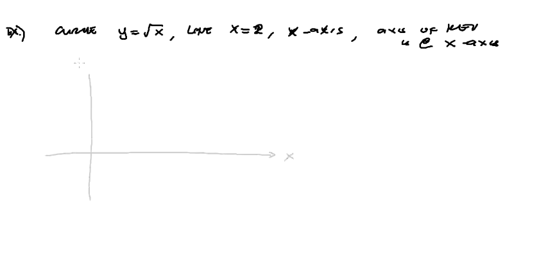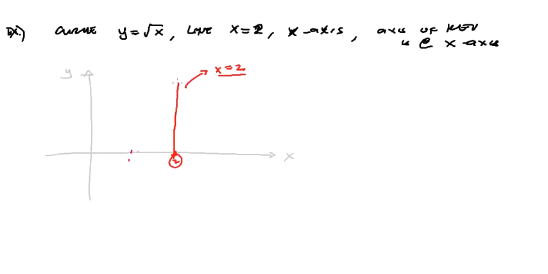So you have x and y, then we need to determine the intersection of this curve and line, as well as the x-axis. So let's graph first the line 2. Say this is 1, this is 2. So this is x is equal to 2.